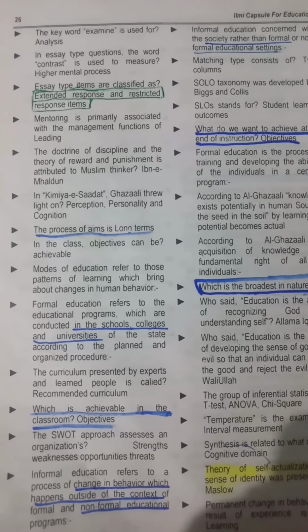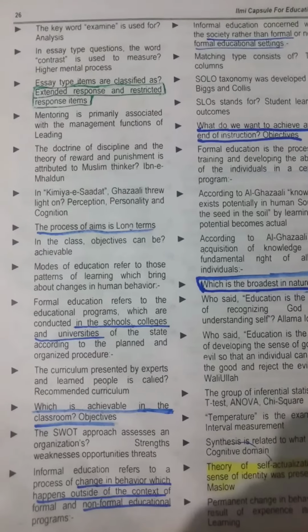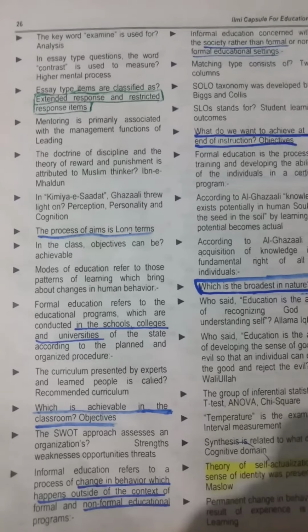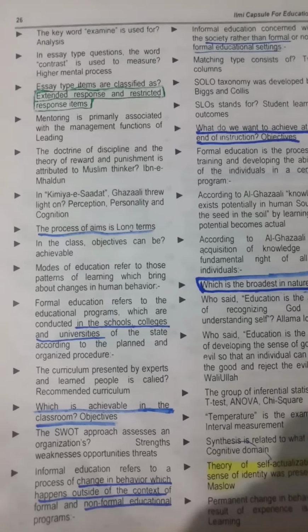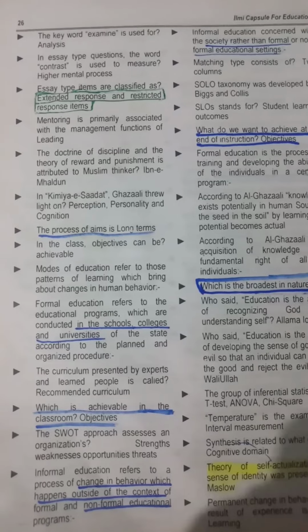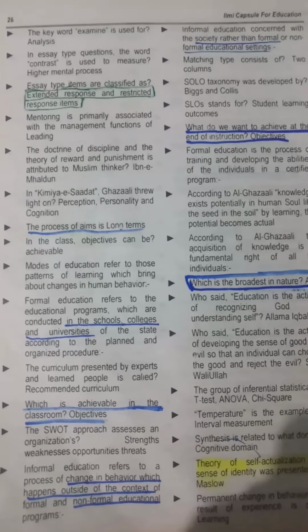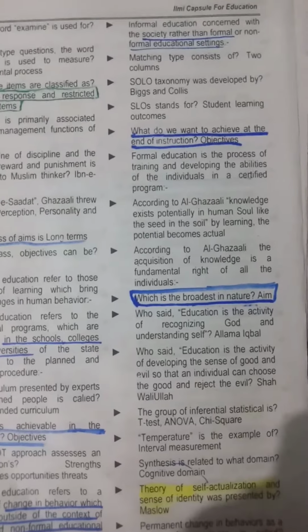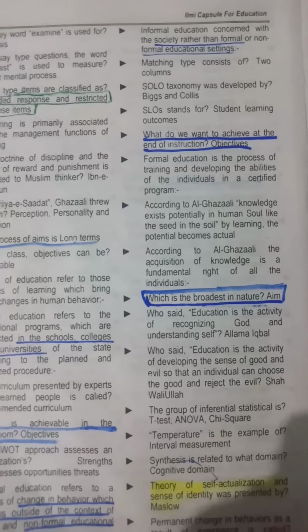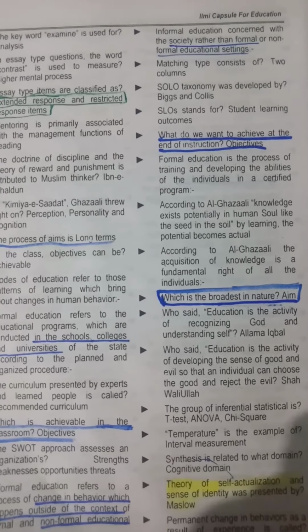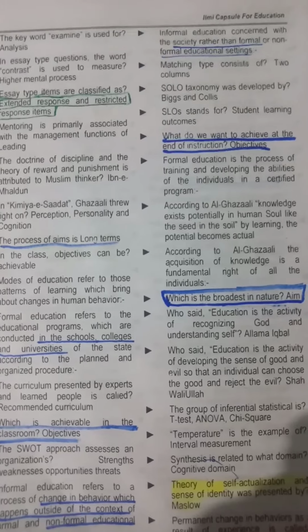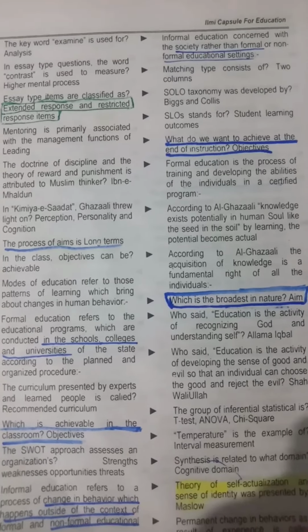Informal education refers to a process of change in behavior which happens outside of the context of formal and non-formal educational programs. Informal education is concerned with the society rather than formal or non-formal educational setting.